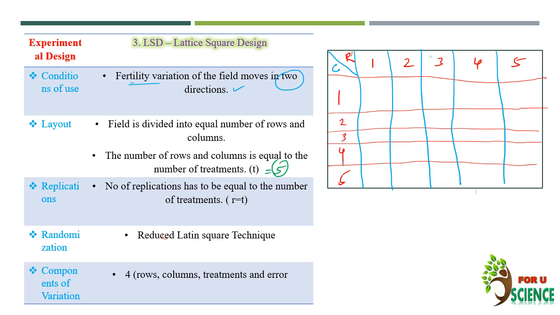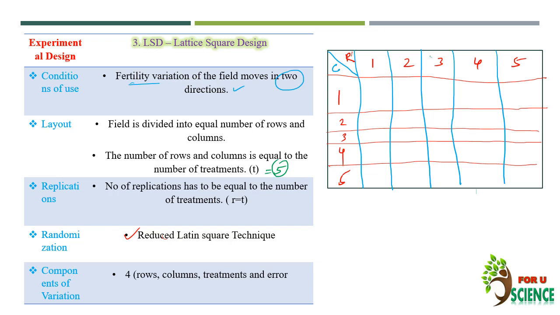Then we do randomization. In randomization, each treatment should occur only once in each row and column.